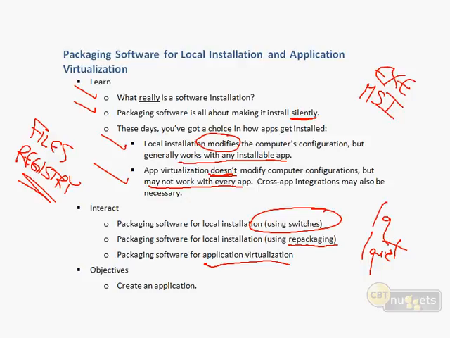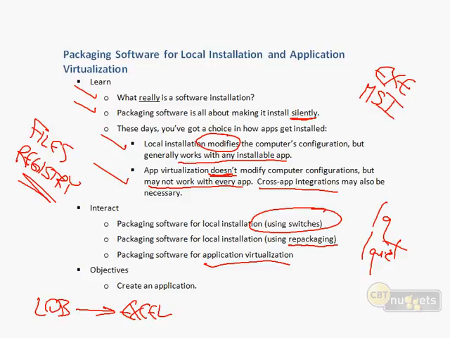What's also important is the notion of these cross-app integrations that you'll have to pay attention to. If you think about it, right? If you have a line of business application that has a button that says show me report, and the report spawns an instance of Microsoft Excel, well, the line of business app has to be able to see Excel for this whole virtualization concept to work. And you have to code that into the package that you create for those application integrations to be there.